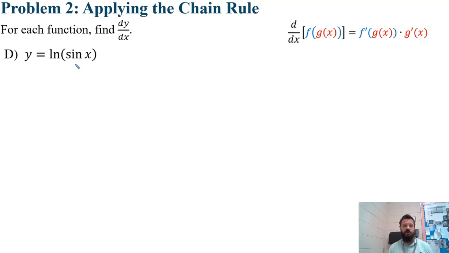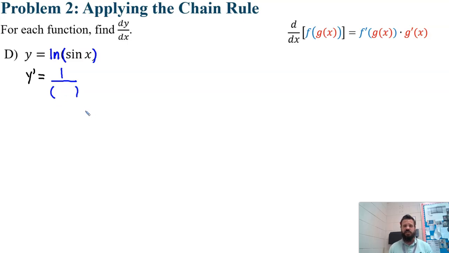Pretty straightforward here. So when I get into finding y prime, that's going to be equal to the derivative of the outer. Again, my outer is just my natural log of x. I know derivative of natural log is just 1 over x. So I'm going to say 1 over a set of parentheses here.